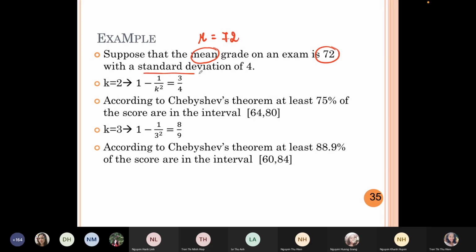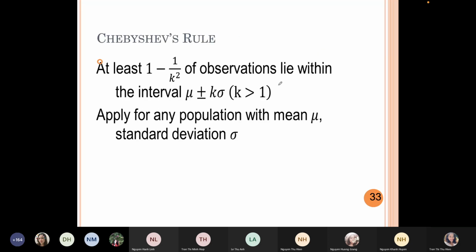And the standard deviation of the population, sigma, equals 4. So the Chebyshev rule says that at least how much of the observations lie within the interval.